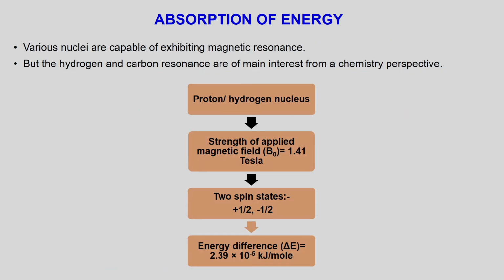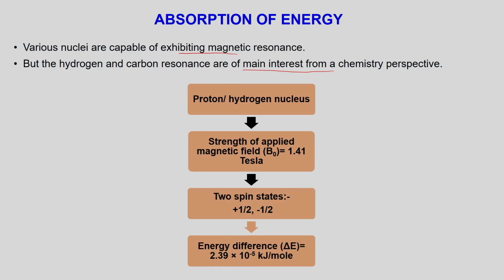What we learnt so far is that various nuclei are capable of exhibiting magnetic resonance, and different nuclei absorb in different areas. But hydrogen and carbon are of main interest from a chemistry perspective, because carbon is everywhere. You have carbon dioxide in the air and carbon in many organic molecules, which is again attached to hydrogen. So, proton and carbon 13 nuclei are the most widely studied.